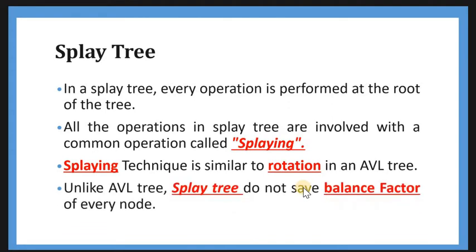Unlike AVL tree, splay tree does not have a balance factor for every node. In AVL tree, the balancing is done with the help of balance factor, but a splay tree doesn't use the balance factor for rotation. It uses a technique called splaying, which is very similar to the rotation technique in the AVL tree.